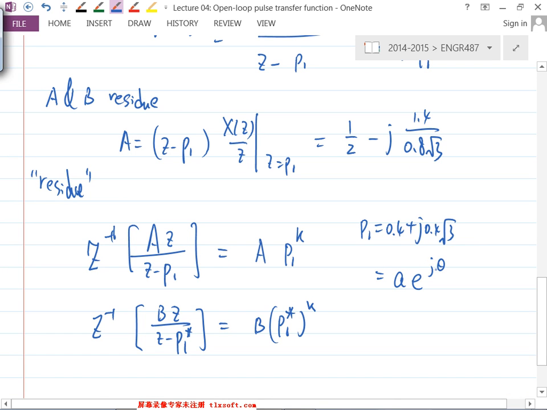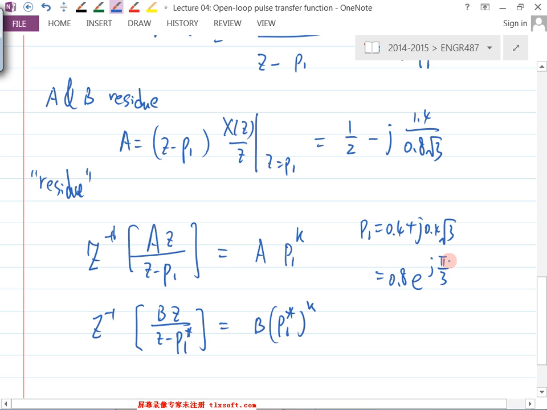The magnitude in this particular case is 0.8, and theta is the inverse tan of y over x, so in this case it's pi over 3.